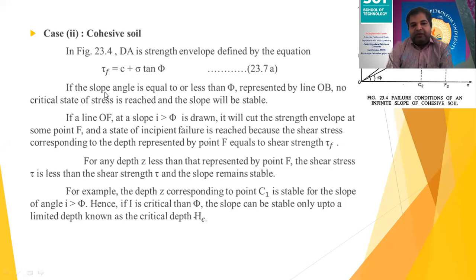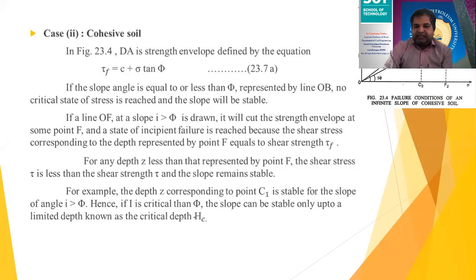Now, suppose the slope angle i is equal to or less than phi, represented by the line OB, which is this. So suppose I consider a slope angle i which is less than the angle of internal friction.